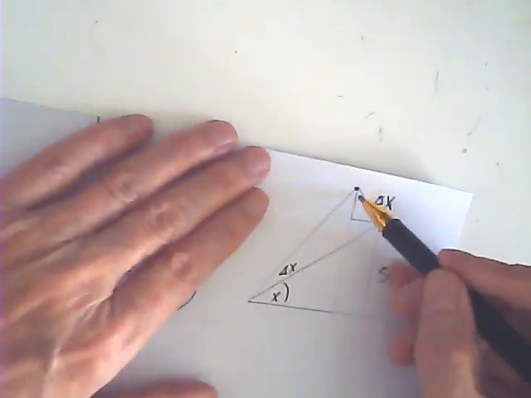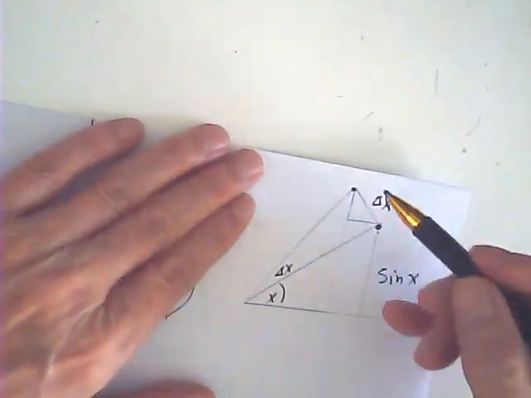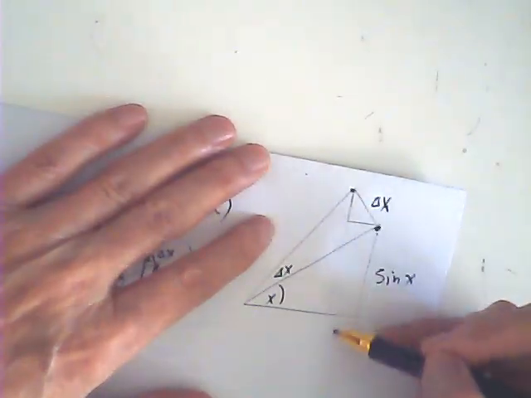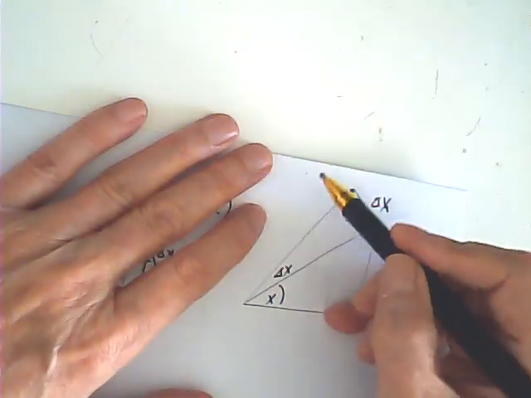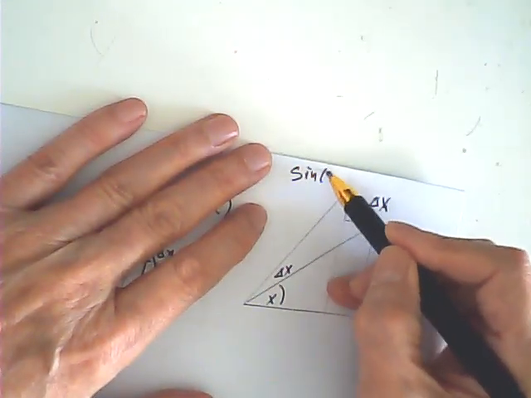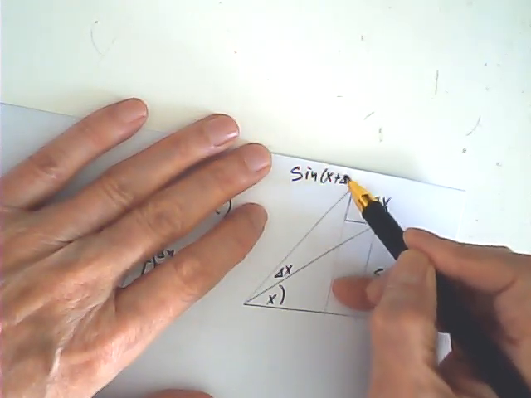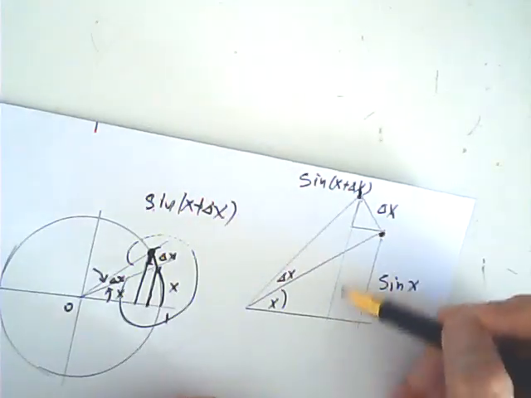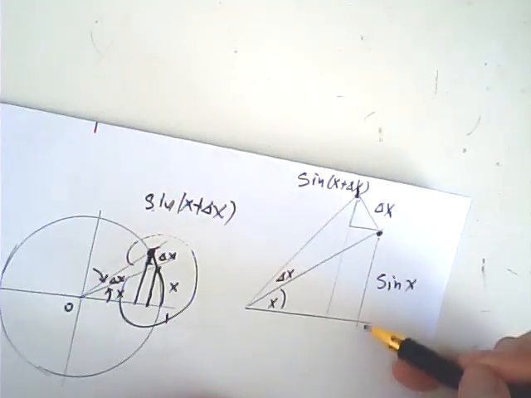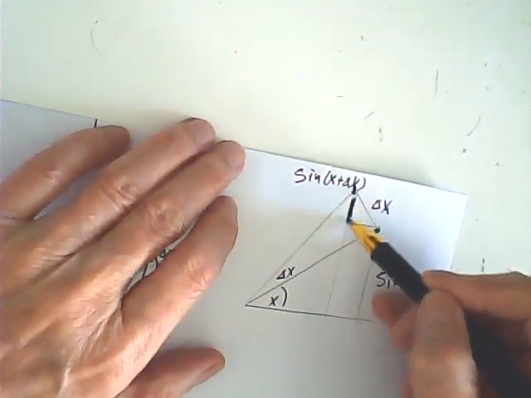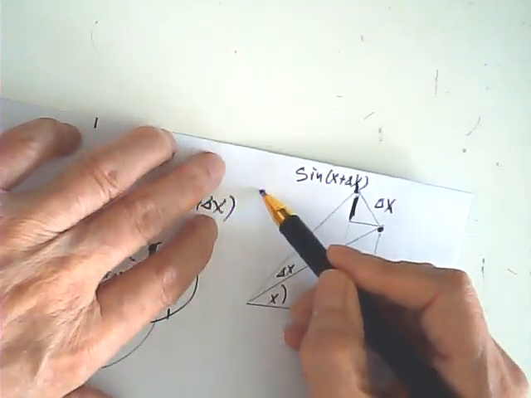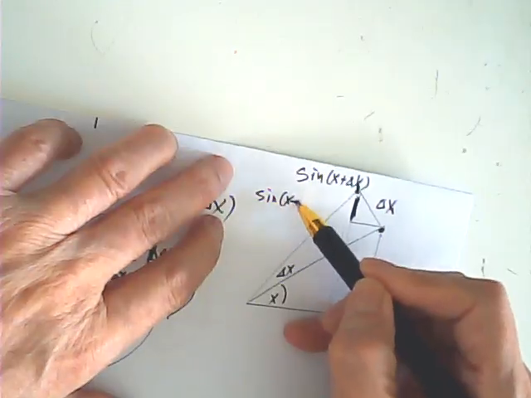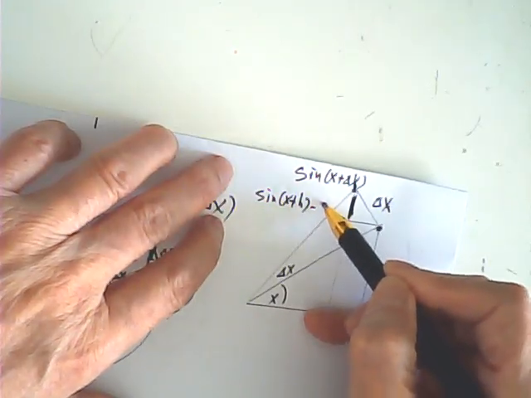And this is sine. This height is sine of x plus delta x. So this height is this. Therefore, this height is sine of x plus h minus sine x.